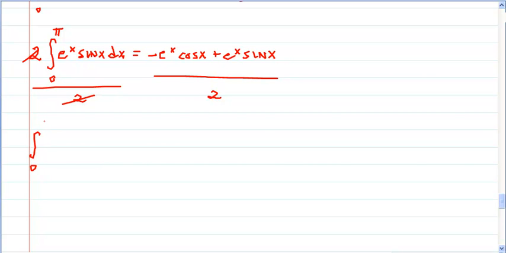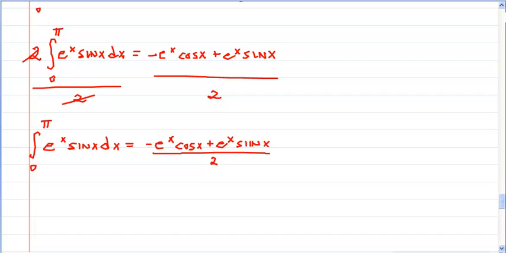And I have the integral from 0 to pi of e to the x sine x dx equals negative e to the x cosine x plus e to the x sine x, over 2. And now I just have to substitute in pi and 0.